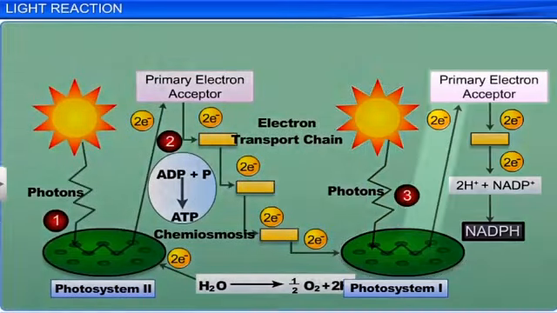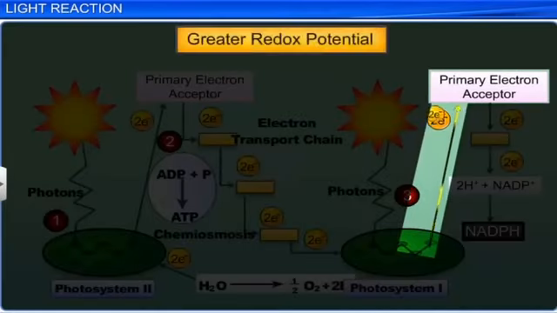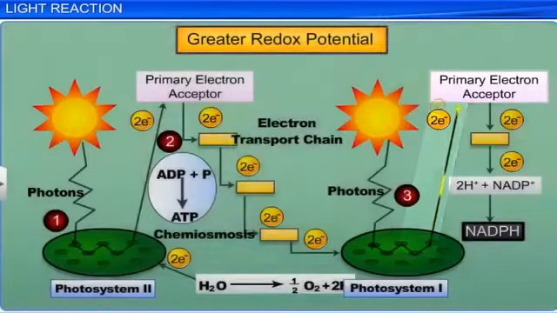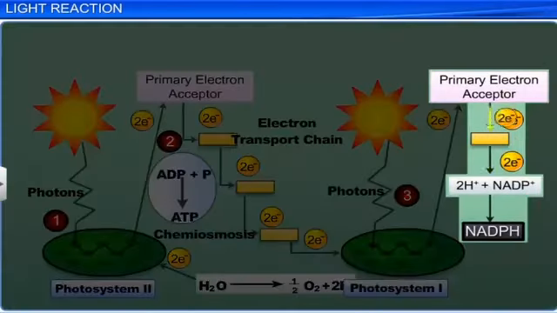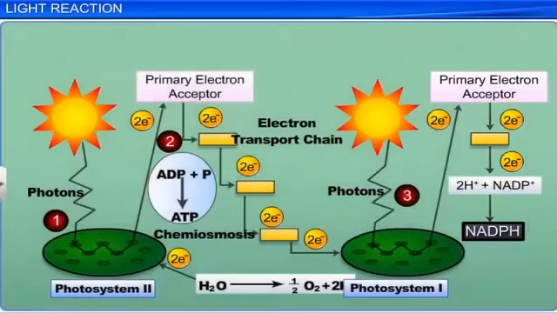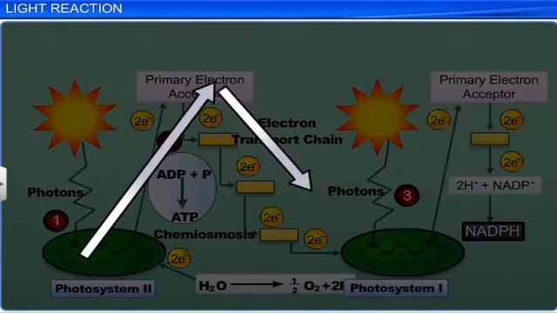These are transferred to another acceptor molecule with greater redox potential. These electrons move downhill to a molecule of energy-rich NADP+, thereby reducing it to NADPH, forming a Z scheme.